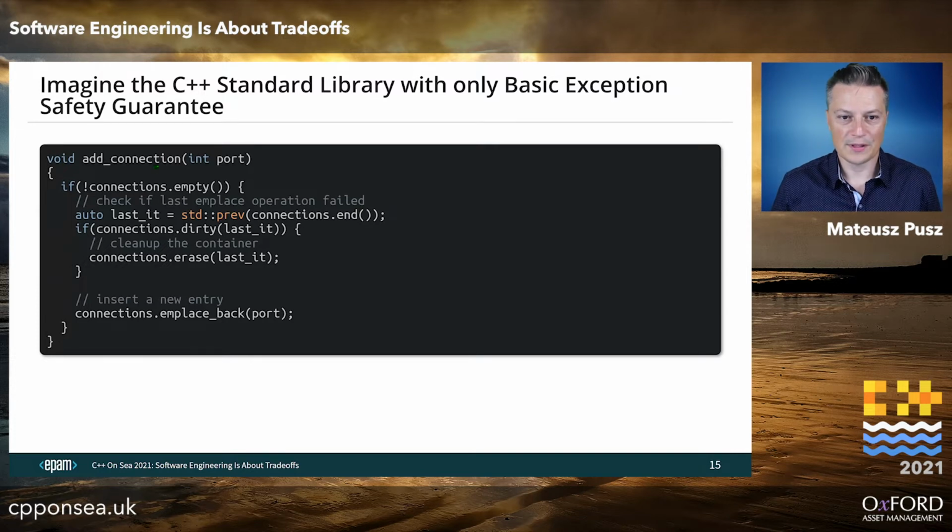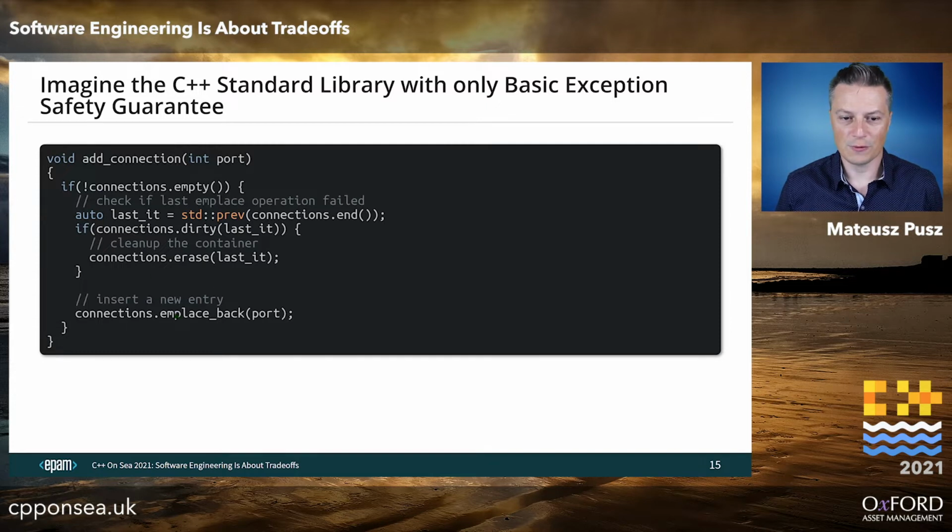For example, it could be implemented like this, right? If there are any connections, take the last iterator and verify if this iterator maybe is dirty, so something bad happened, the element is in an invalid state, some cleanup is needed. So you have to erase this element that failed to be added, and then try to emplace back again, right?